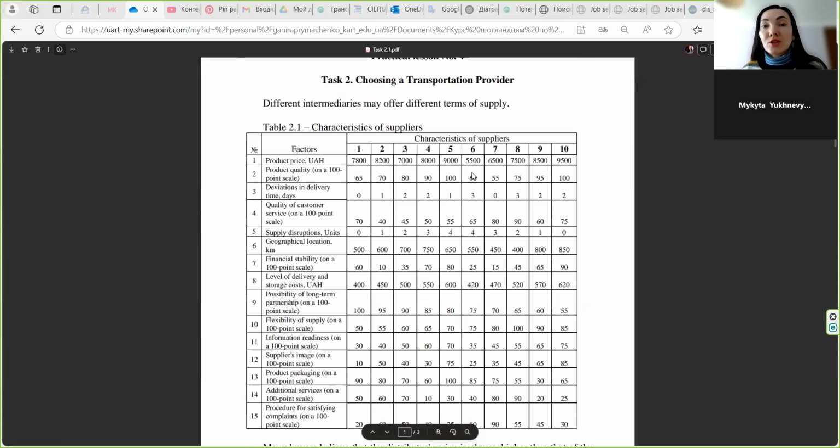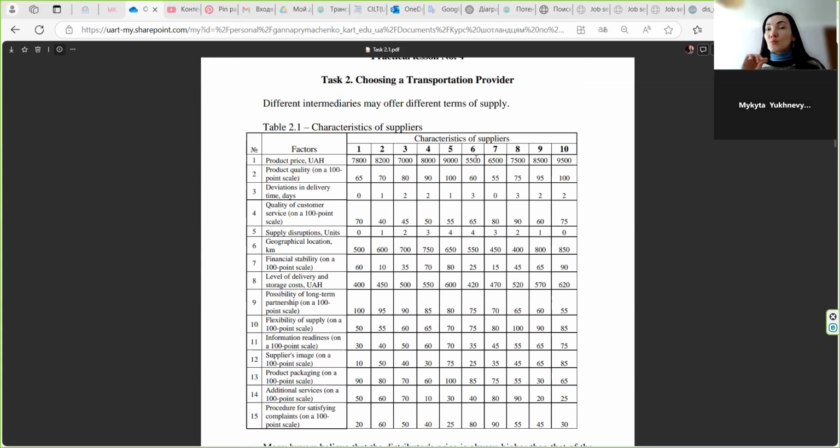Try to find: from all variants, supplier 6 has the last position. For example, it is 5,500 hryvnias. It is the last position for price.